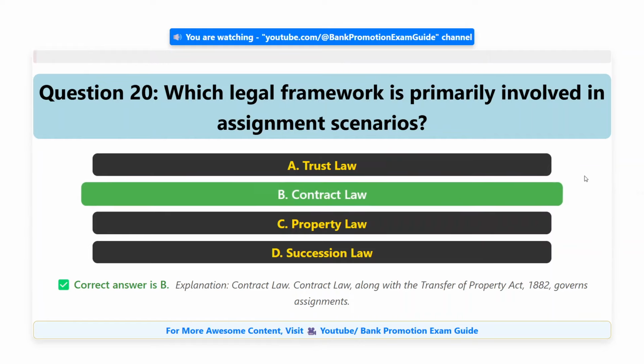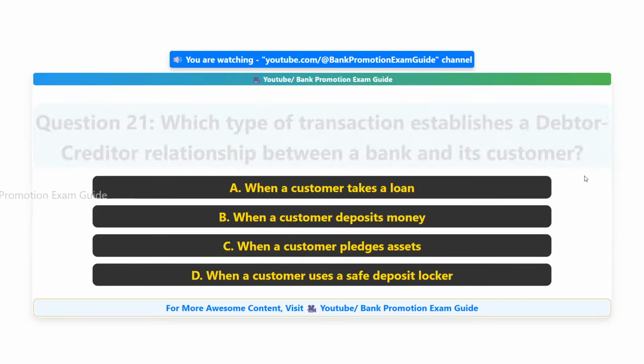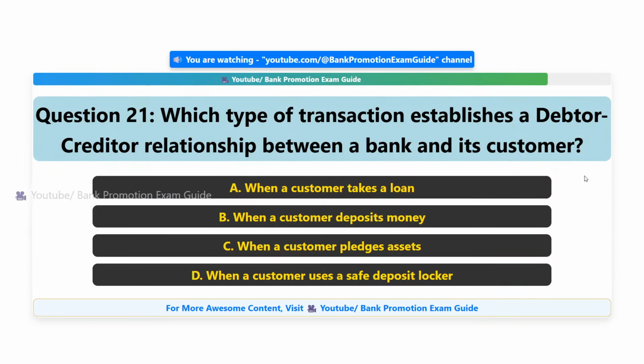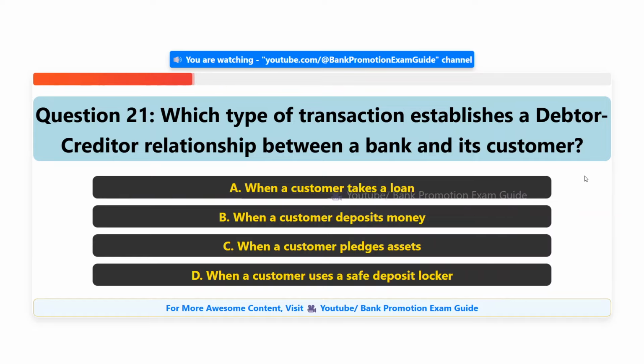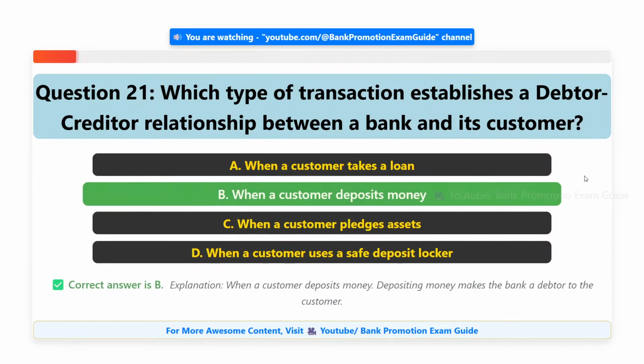Contract law, along with the Transfer of Property Act, 1882, governs assignments. Question 21. Which type of transaction establishes a debtor-creditor relationship between a bank and its customer? When a customer deposits money. Depositing money makes the bank a debtor to the customer.